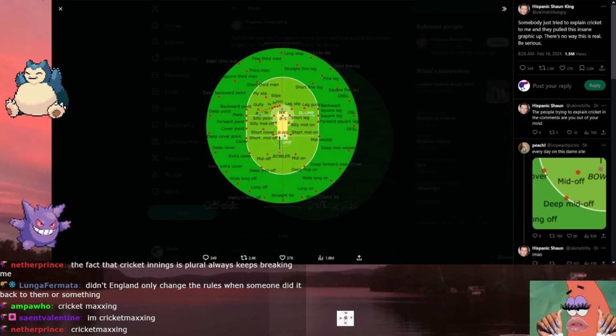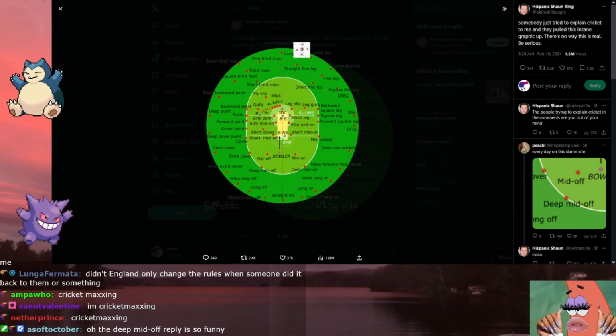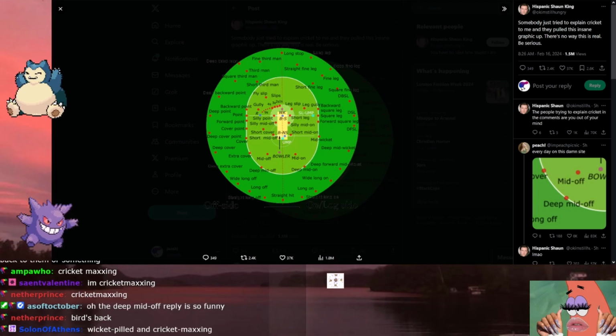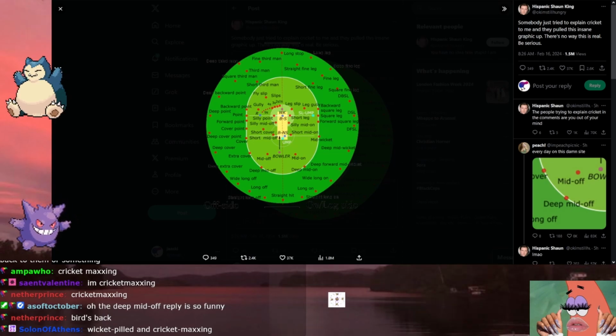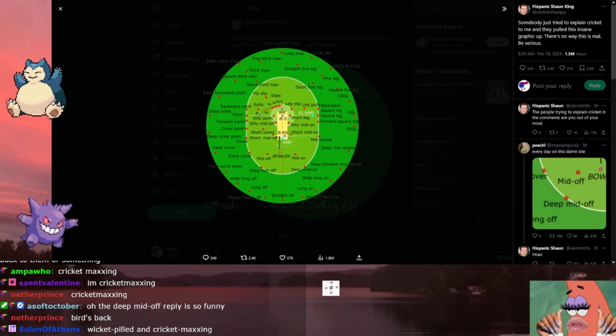You need to come down here. Okay, hold on. I'm moving scenes around in OBS that you can't see. Zones here and here that were called the max zones. Where if you hit the ball into those zones, whatever runs you scored would be doubled. Which was a very fun concept.